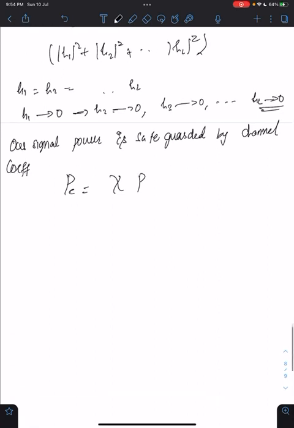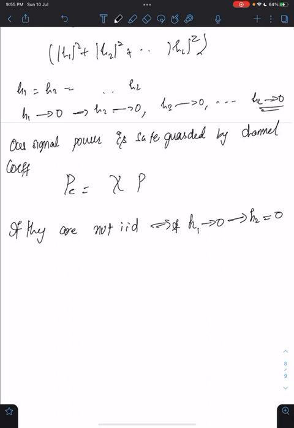If H1, H2, HL are not IID, then if one of the channel coefficients goes to deep fade, it will make sure that all of the channel coefficients go to deep fade, because they are not independent. If H1 goes to 0, it is obvious that H2, H3 and H4 will be close to 0.